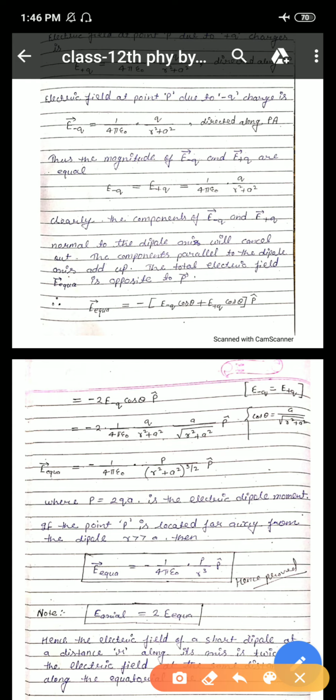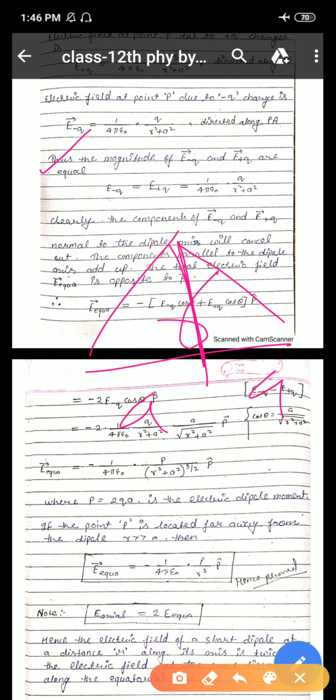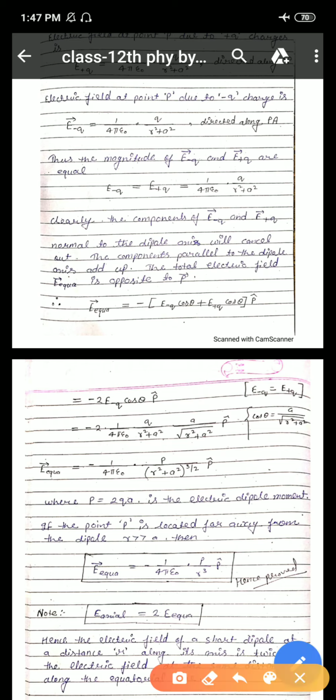Thus the magnitudes of E minus q and E plus q are equal, because in the diagram this distance is the same and this distance is the same, so the electric field is also the same. The magnitudes of the electric field due to minus charge q and plus charge q are both equal. So we can write E minus q equals E plus q equals 1 upon 4 pi epsilon naught q upon r square plus a square.